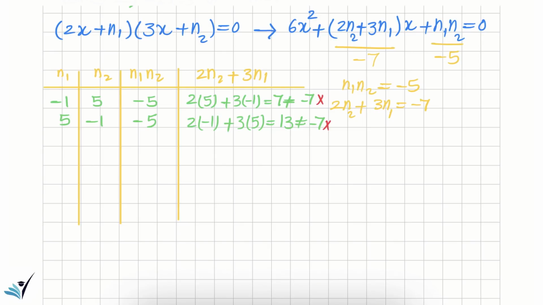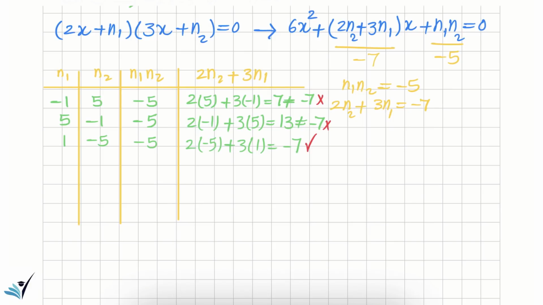Let's try 1 and -5. Multiplication is -5. 2 times -5 plus 3 times 1 is equal to -7. And this is the answer that we're looking for.